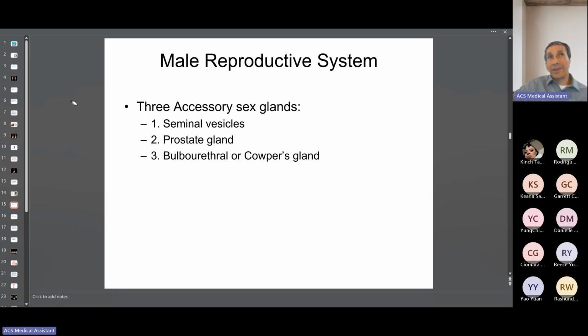Let's talk about the accessory glands. There are 3 accessory glands, or accessory sex glands, because they are going to provide something very important for the sperm. They're going to provide this media that is going to help the sperm live and travel through these vas deferens.